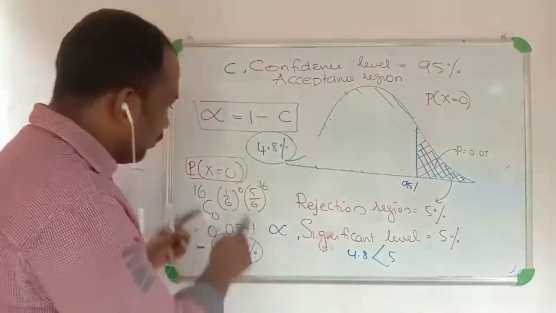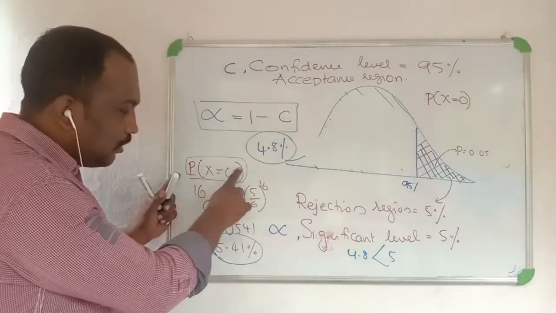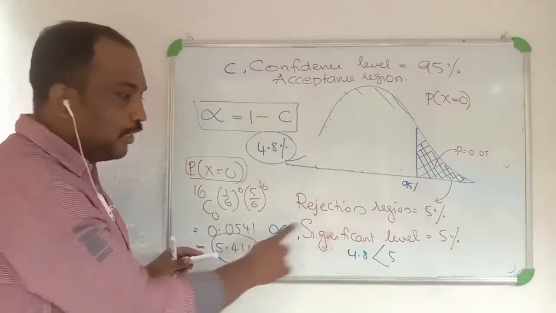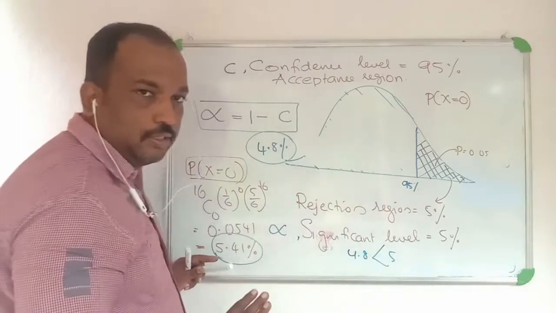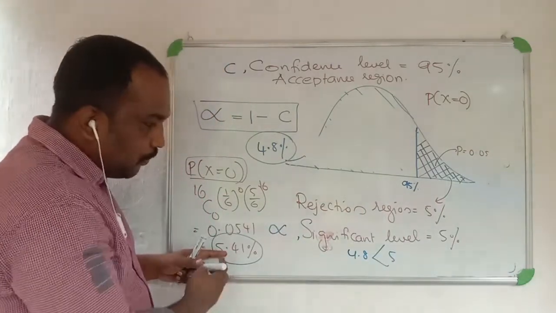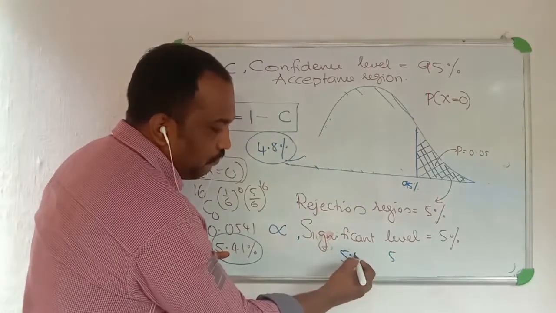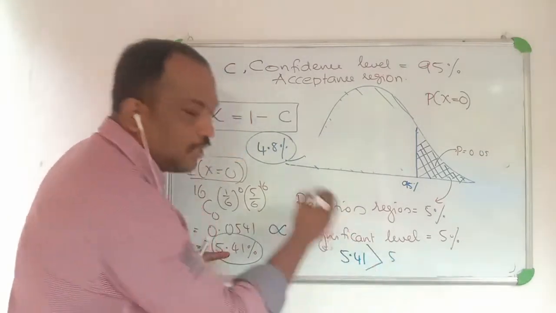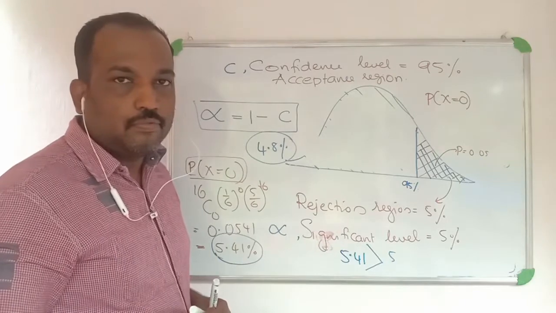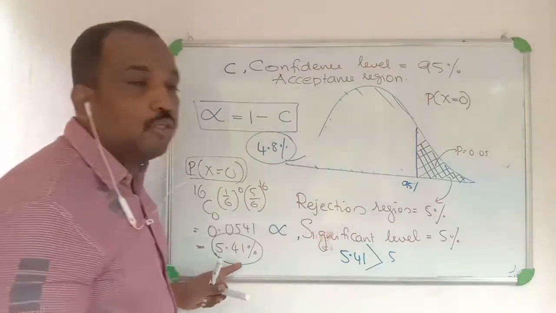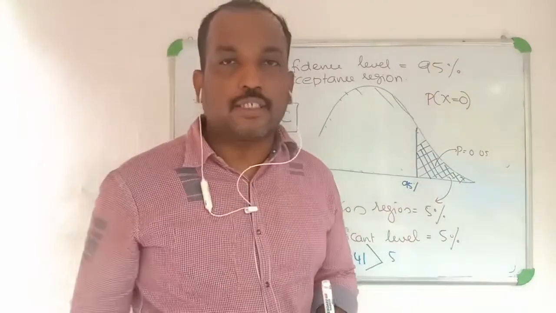But in this question, when you consider P of x equal to 0, we got it as 5.41%, and your significant level is 5%. So this 5.41 is higher than 5. That means this result is not within the rejection region.